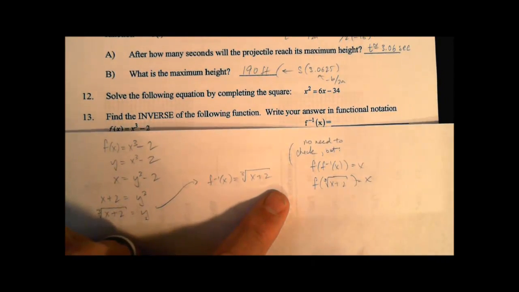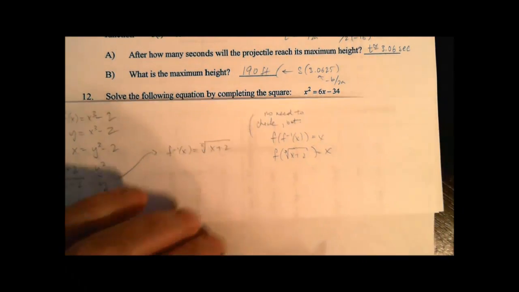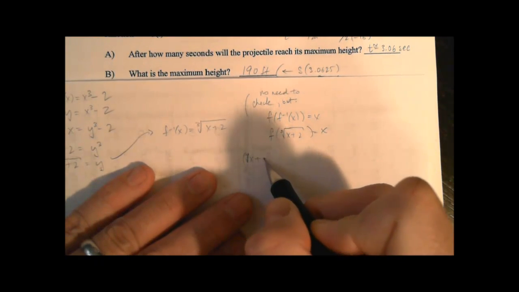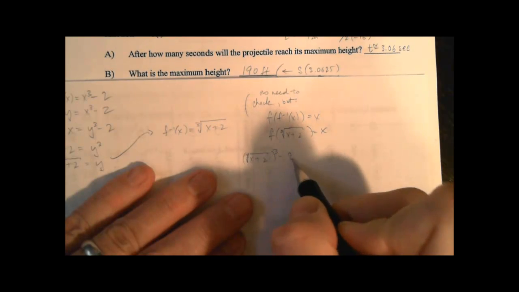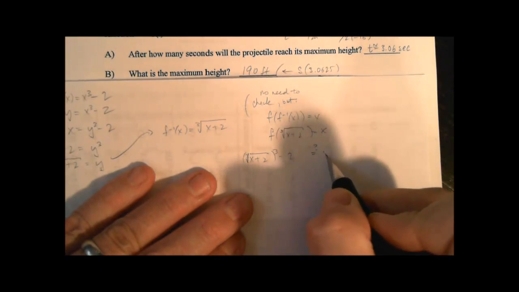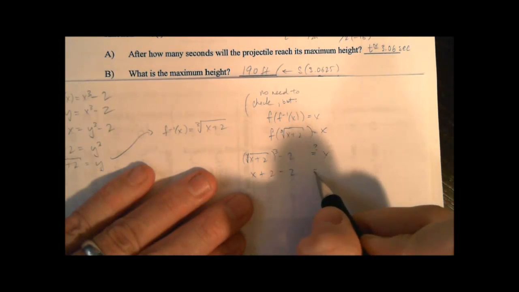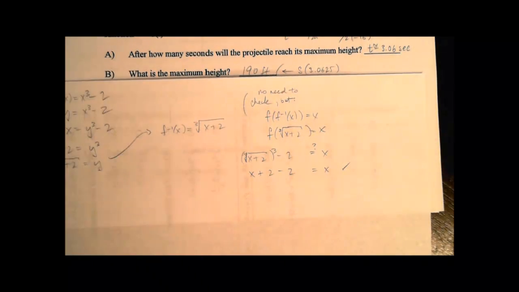Let's see if this works out. f of x was x cubed minus 2. So we take the input, cube it, minus 2, and the question is, is this equal to x? And we can see that this is x plus 2 minus 2, and that direction works. And you could do the other direction to show that it worked as well.